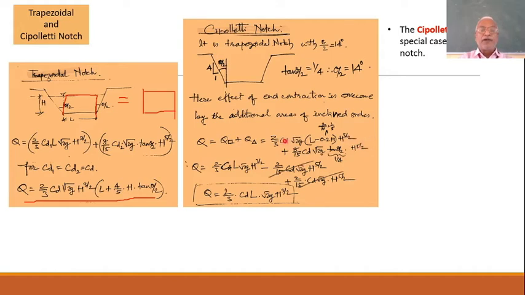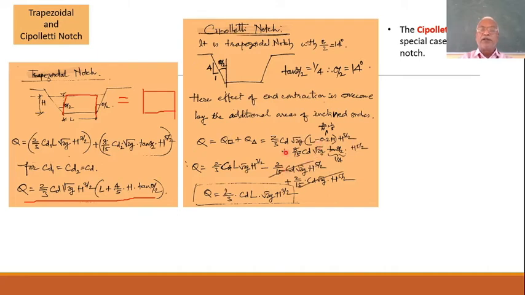Now if you expand, the first part is anyways 2 by 3 CD L root 2Z H raised to 3 by 2 plain. This minus 1 by 5 multiplied by 2 by 3 becomes 2 by 15 CD root 2Z H raised to 3 by 2. That is the term with a negative sign.